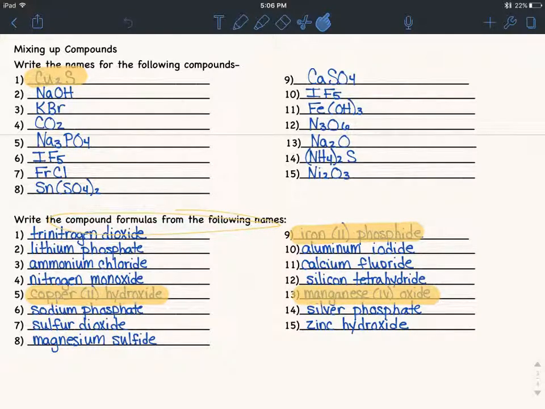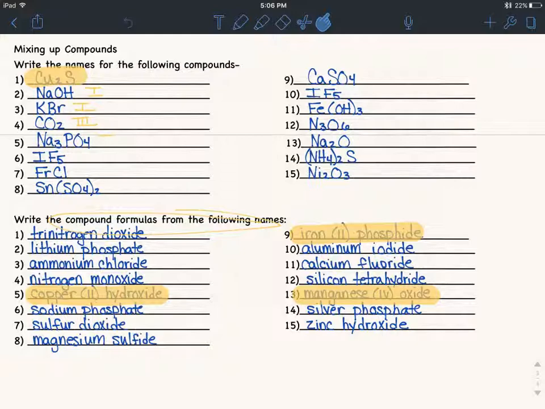Looking at the next one, we have NaOH. Well, Na is an alkali metal. It always forms a +1 charge. Therefore, that one is actually going to be a type 1 compound, which we've discussed previously. KBr. K is an alkali metal again, so that's a type 1. CO2. Well, that's a type 3, and we haven't discussed that yet in class, so we're going to skip over that one for now.